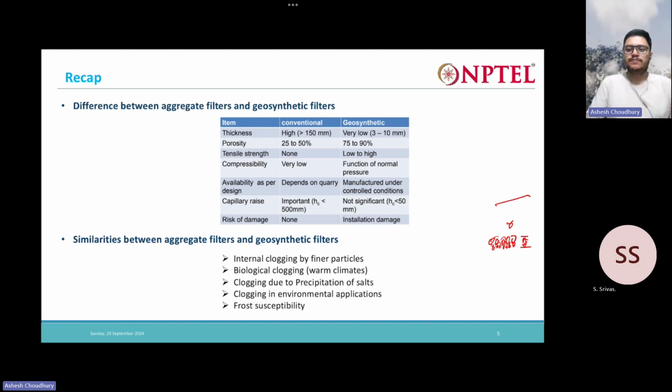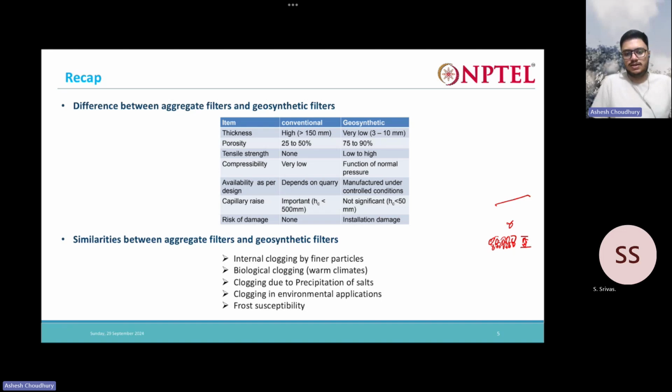Now let us see what the similarities are between aggregate and geosynthetic filters. The similarities: first, internal clogging by finer particles. Both of these filters can get clogged by fine particles.